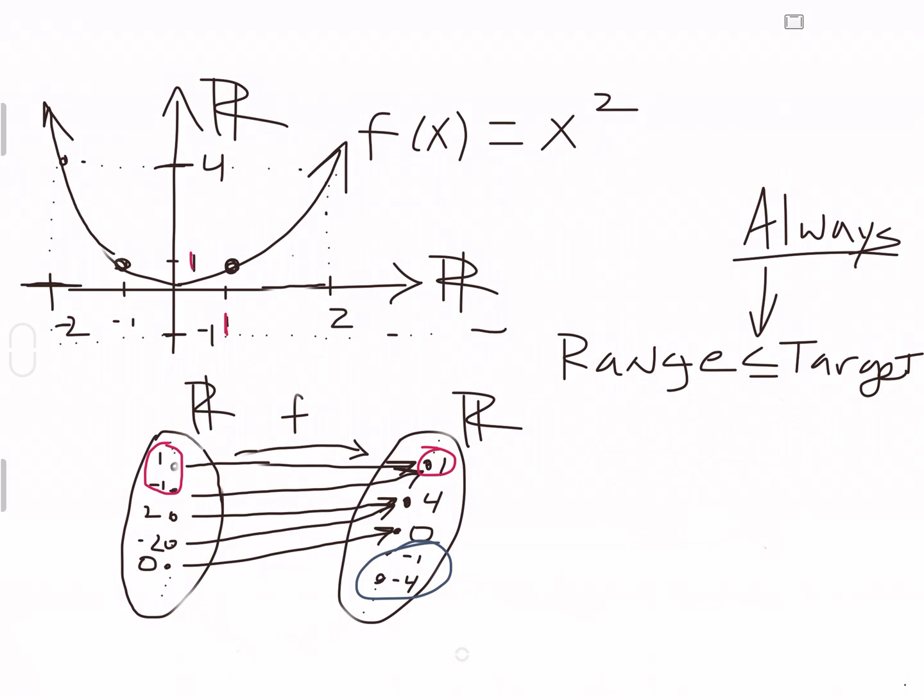Sometimes we have functions where everything does get hit. An example of that would be f of x equals x cubed. Here, the range equals the target.